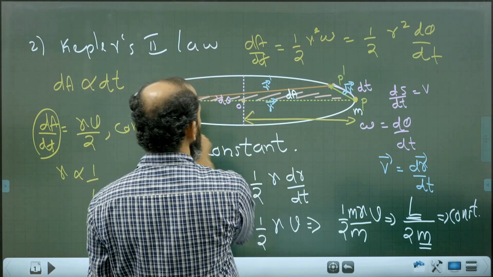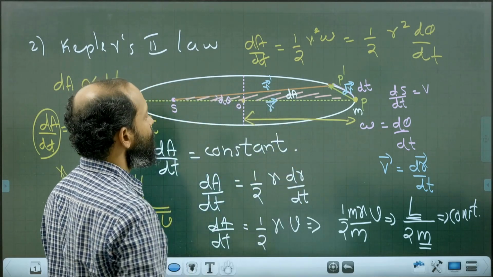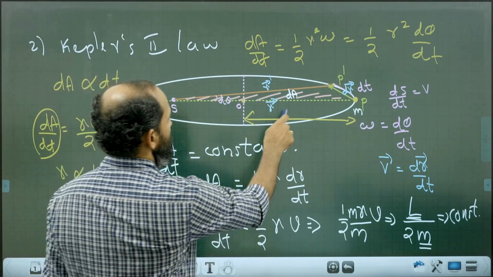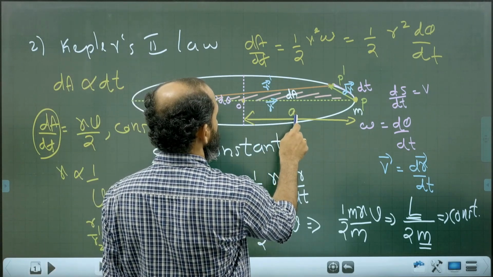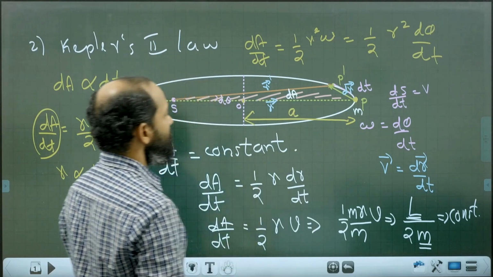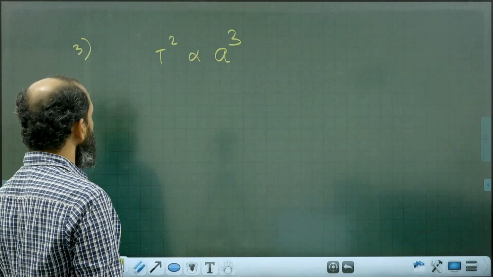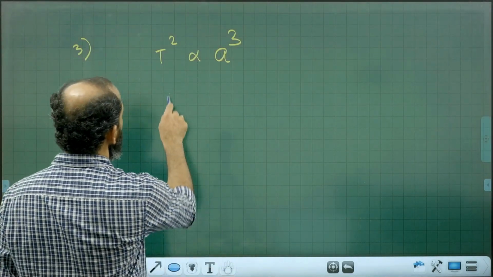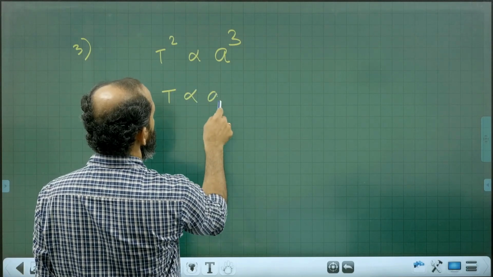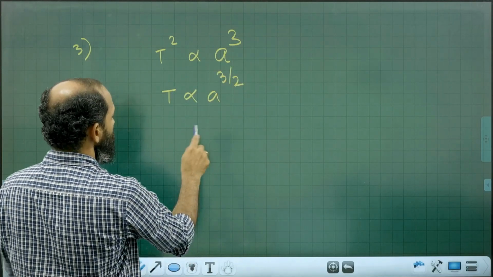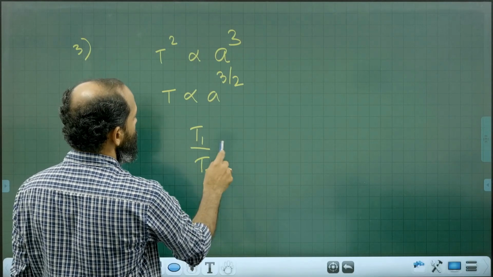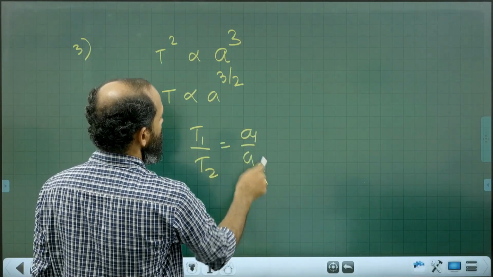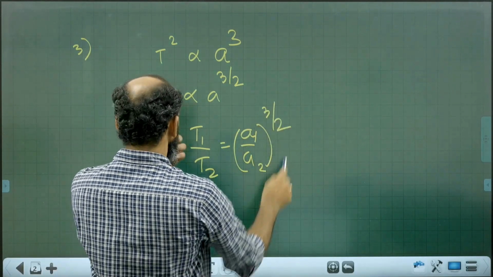That is half the length of the major axis. Major axis is 2a. So half the length of major axis is a. So T square proportional to a cube, that is T proportional to a raised to 3 by 2. So T1 by T2 equals a1 by a2 all raised to 3 by 2.